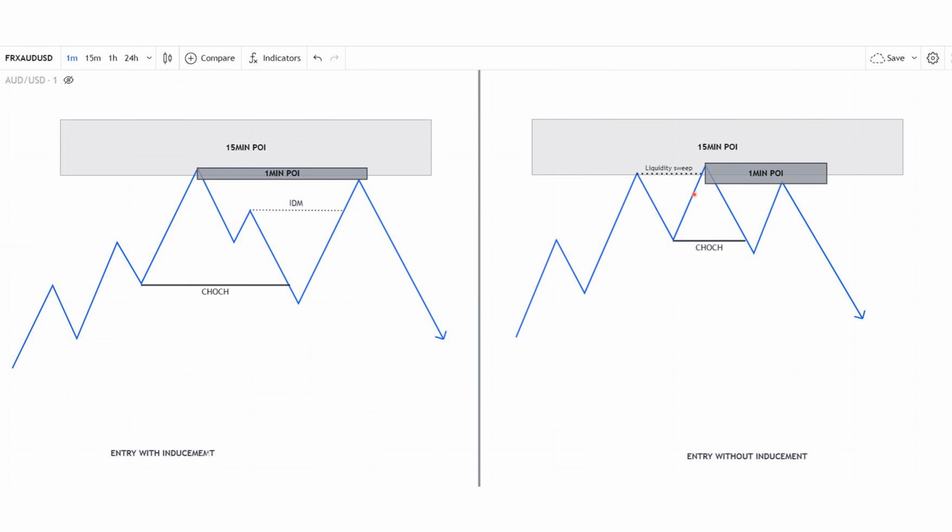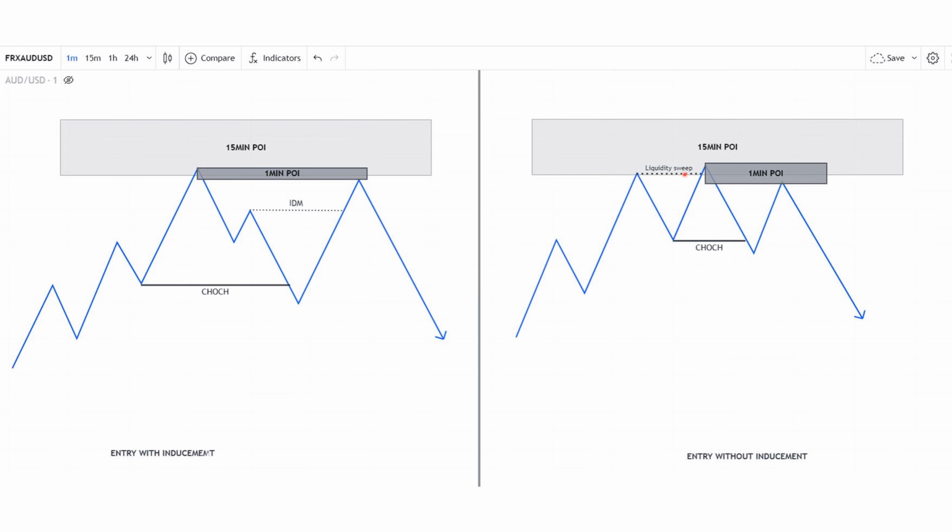If that happens and then the market forms a change of character down here, you don't need inducement at this level to take a trade. What you need to understand with SMC is it's just liquidity. You need liquidity before you can take a trade.